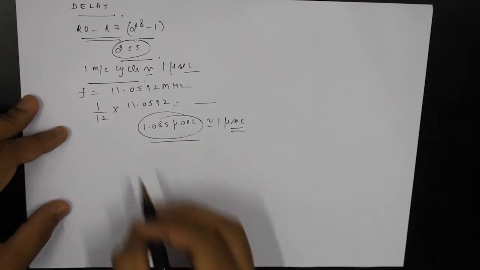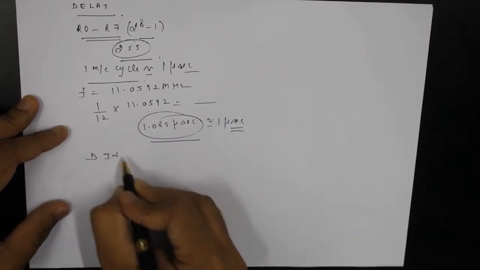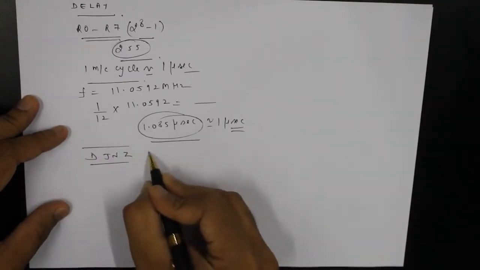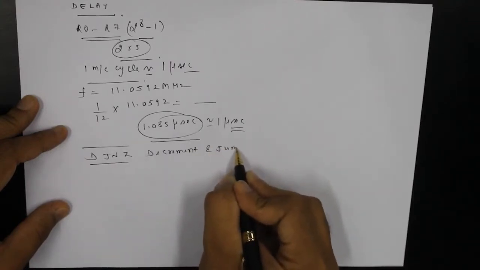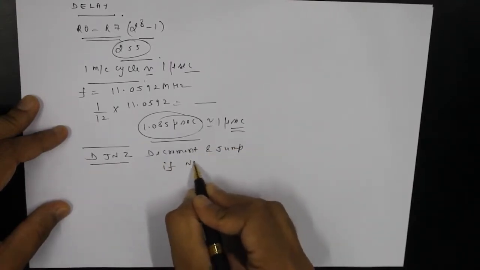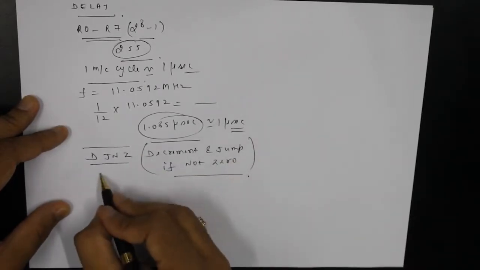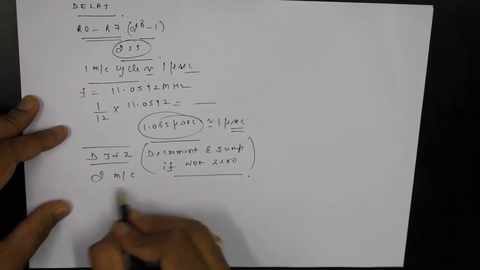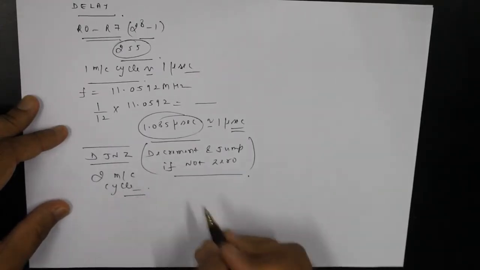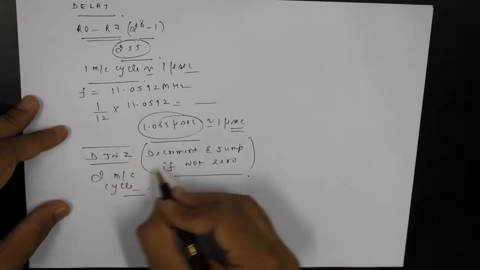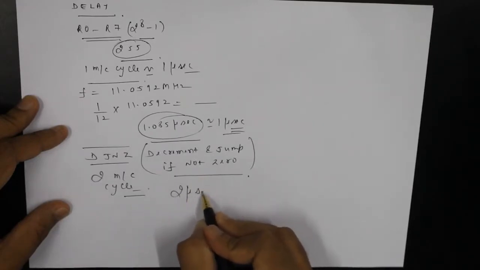So we are going to use an instruction which is DJNZ. This signifies decrement and jump if not 0. Now this DJNZ instruction is a 2 machine cycle instruction, so it will be like 2 microseconds.